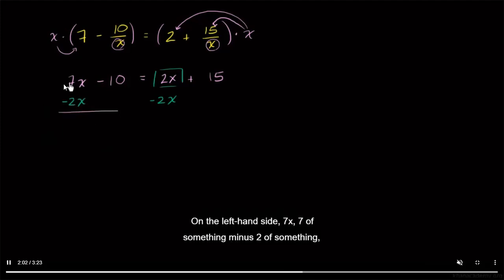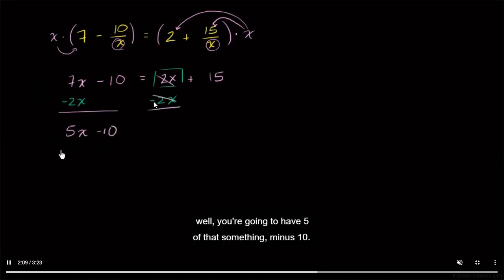By the end, we have 7x in the left side and 2x in the right side. We want to remove the smaller one, so subtract 2x from both. So it will be 5x minus 10, and the right side we have 15.